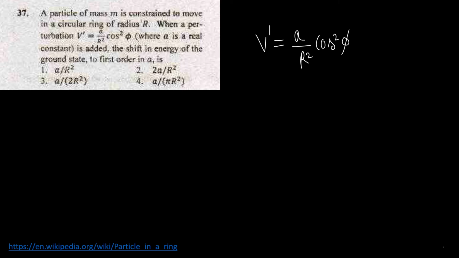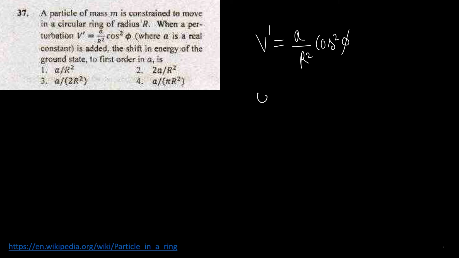Now you need the wave function of the ground state. What will be the wave function of the ground state? So I have linked one wiki article by which you can find out the ground state wave function of a particle of mass m constrained to move in a circular ring.